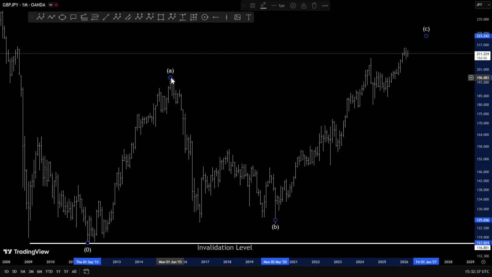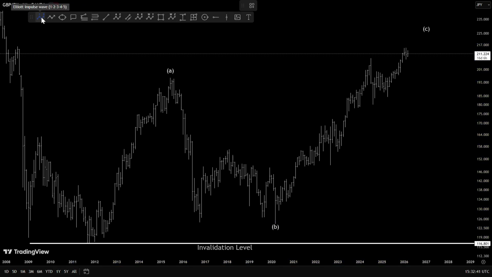When you check inside of your A and you don't see what is called 5, then you can give it a zigzag pattern. You can label it zigzag. That's it.